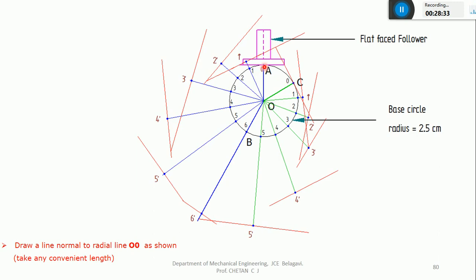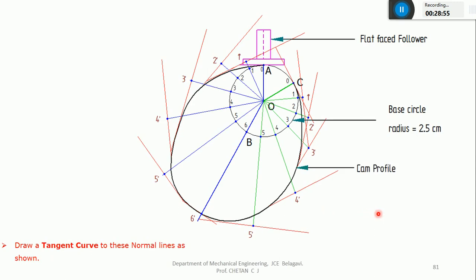Just draw a curve from the starting point O in such a way that it has to be tangent to all these perpendicular lines, all these red color lines. You can call them normal lines also. So the curve has to be tangent to all these perpendicular lines, like this.